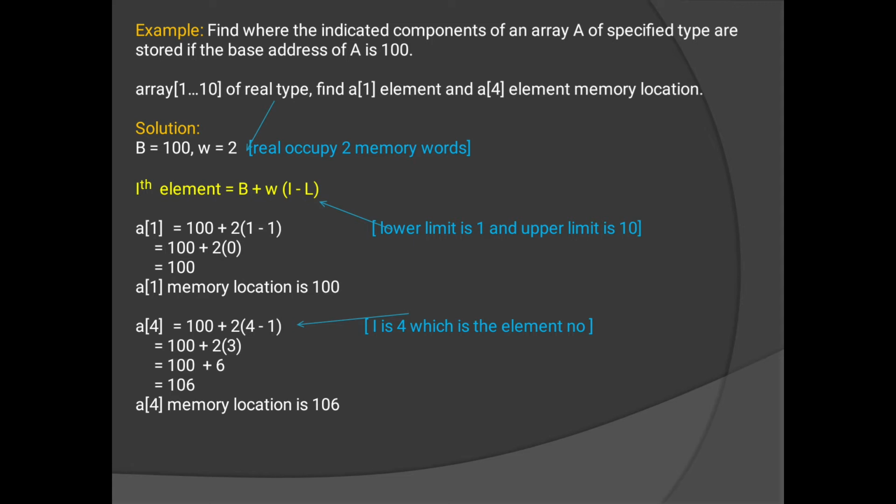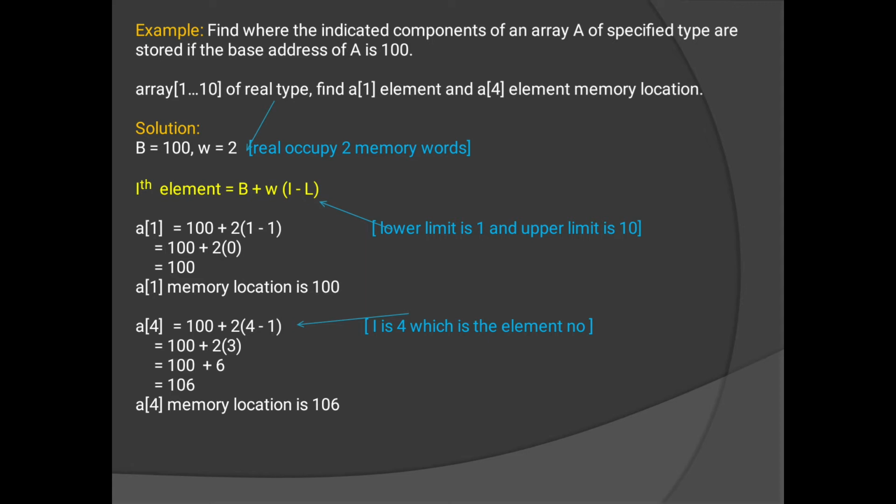So we have to find the memory location of both of these array elements. Now the solution: the base address of A is already given as 100, which means that for array element A1, the base address is 100.